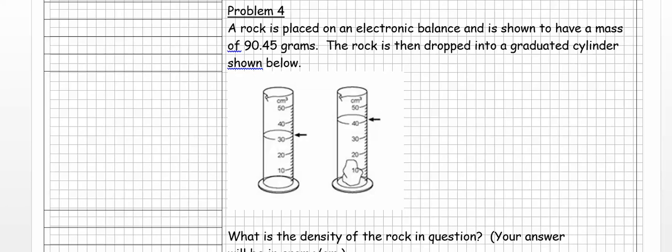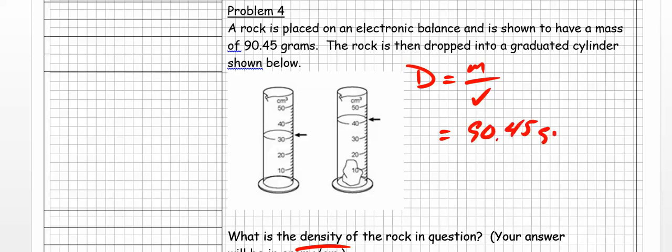The rock is then dropped into a graduated cylinder shown below, and the question is, what is the density of the rock in question? Well, remember that density is mass divided by volume. The mass is given to me directly: 90.45 grams.